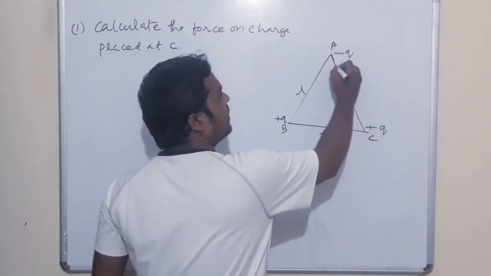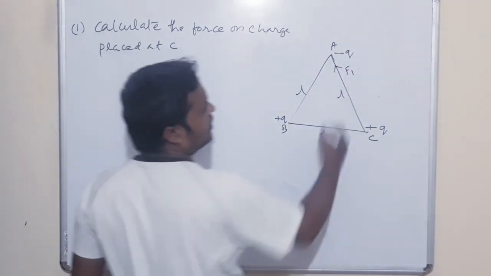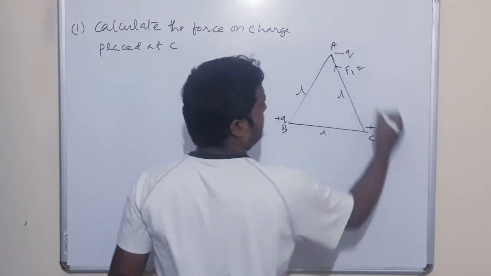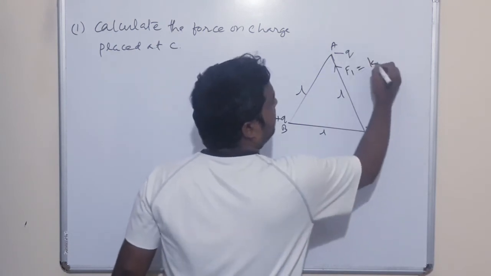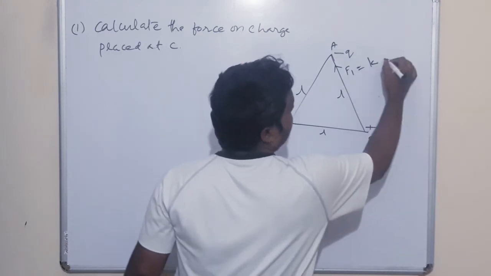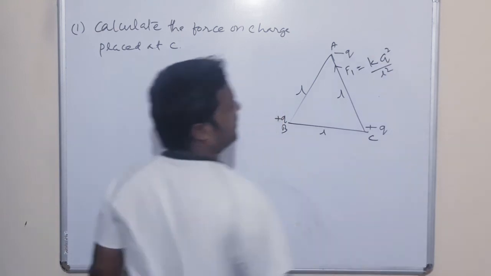Then one force will be acting in this direction, which I call F1. What is F1 now? Same formula, K multiplied by magnitude of these two charges, Q into Q, don't take minus, we are taking magnitudes, Q square by L square.